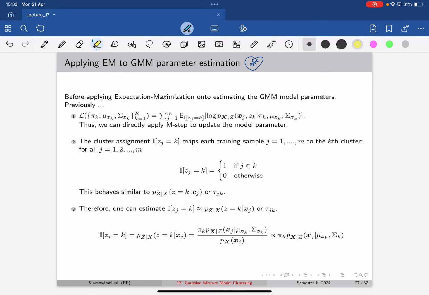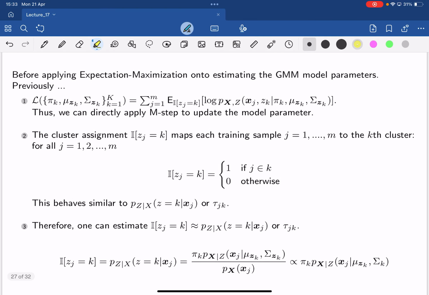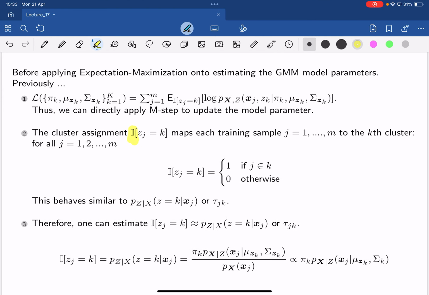Okay, first of all, before that, I called this vector or matrix a one hot vector, but in this case, it's the cluster assignments. It would take value 1 if that particular element falls into a cluster.